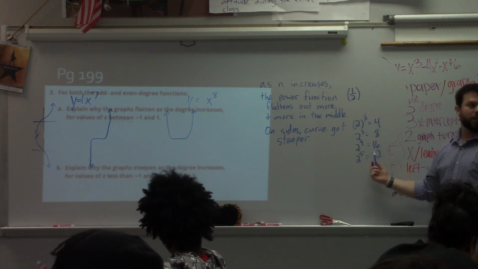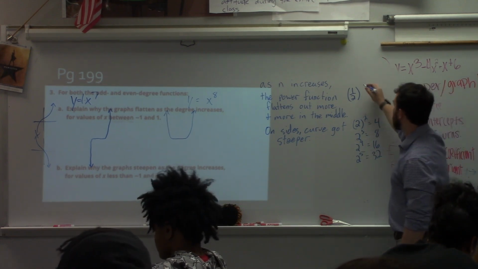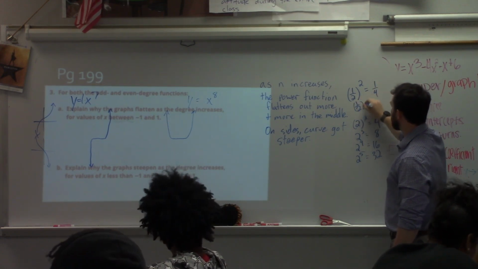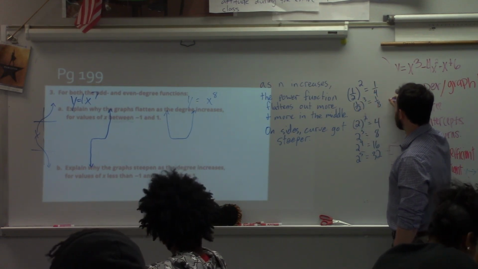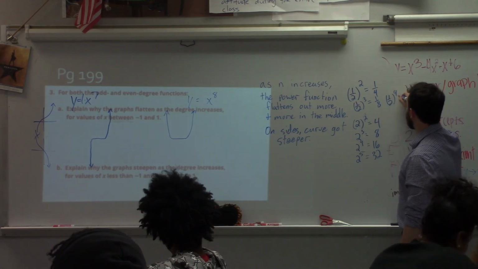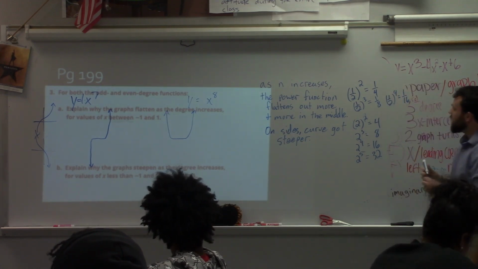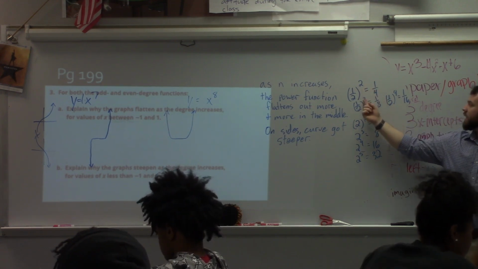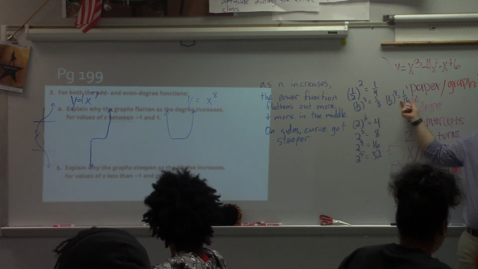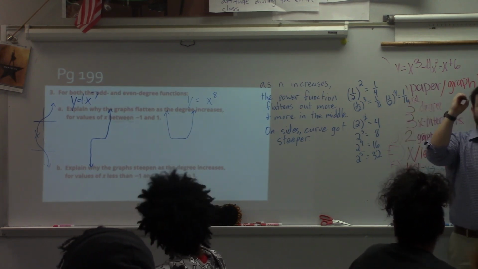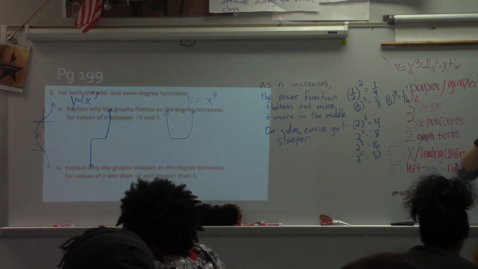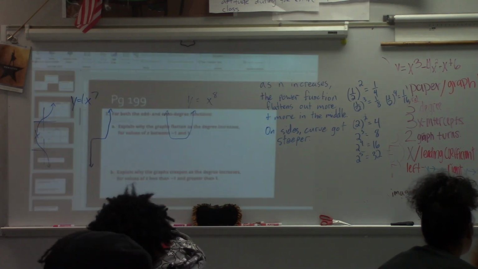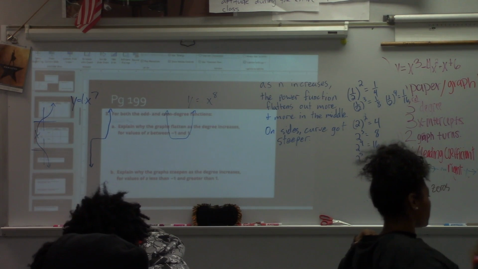It's getting bigger and bigger. However, 1/2 to the second is 1/4, 1/2 to the third is 1/8, 1/2 to the fourth is 1/16. So in the middle between -1 and 1, as n increases, this number gets closer and closer to 0. So it flattens out more because it gets to 0 more quickly. That's why that's happening. I apologize that I'm having to sprint through that.